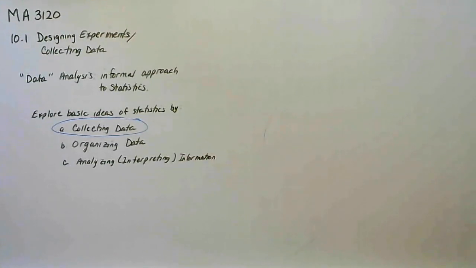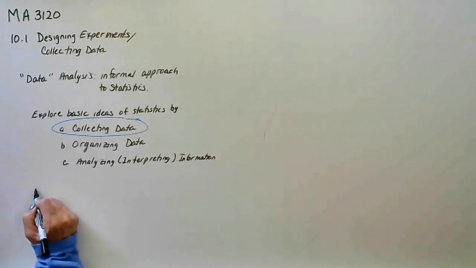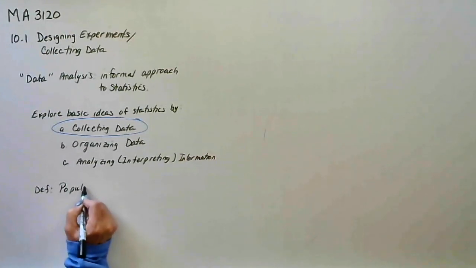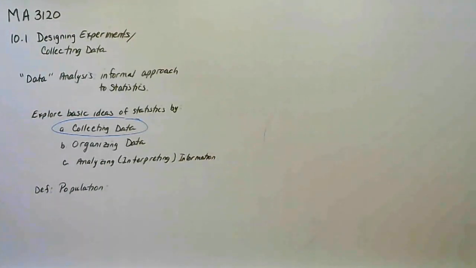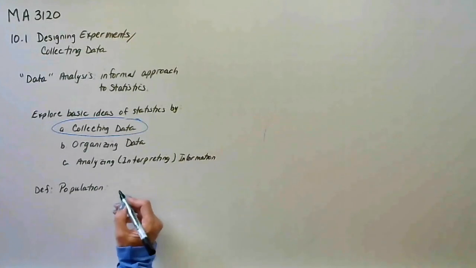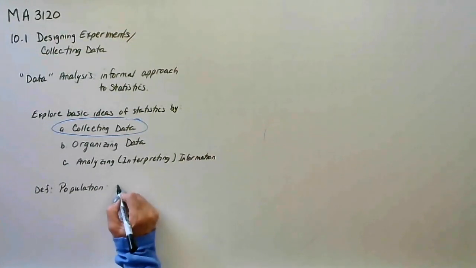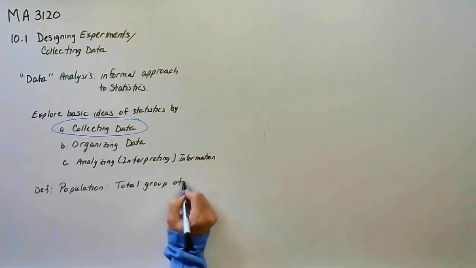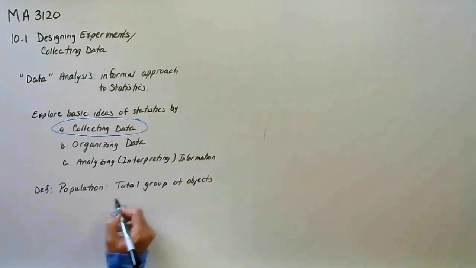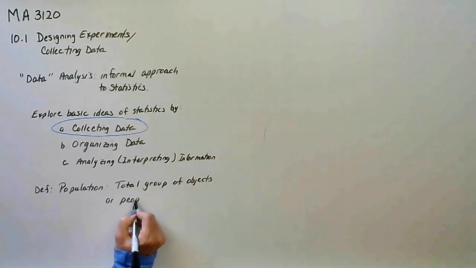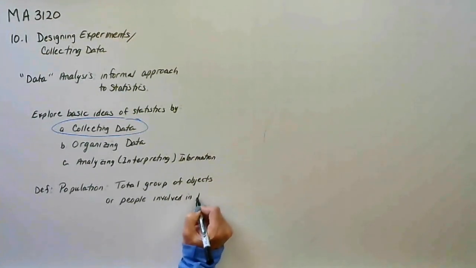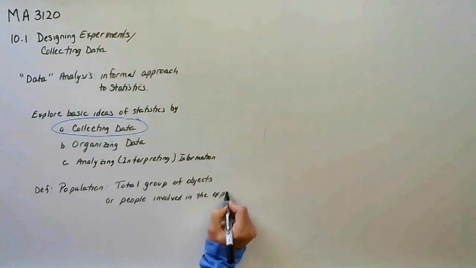Before we do, we need to talk about what we mean by a population. This is the total group of objects or people involved in the entire experiment.